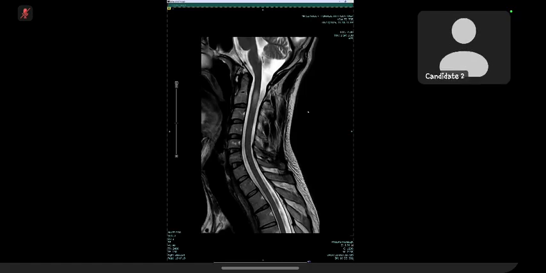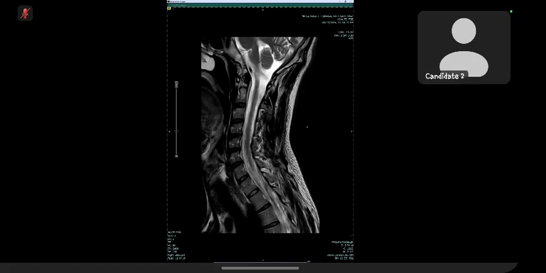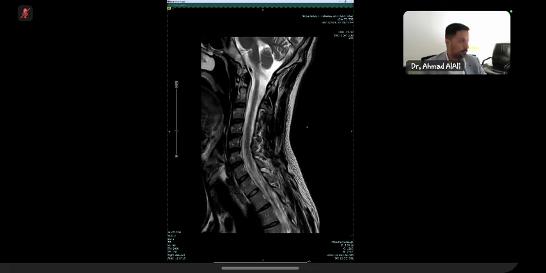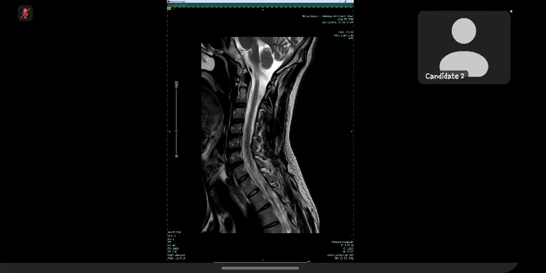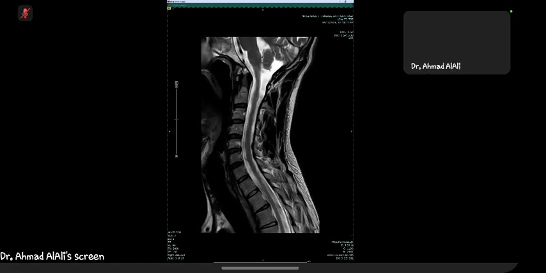I'm presented with the sagittal T2 weighted images of an adult patient. I can appreciate, sir, the images are not scrolling well. Can you scroll now? Yes.